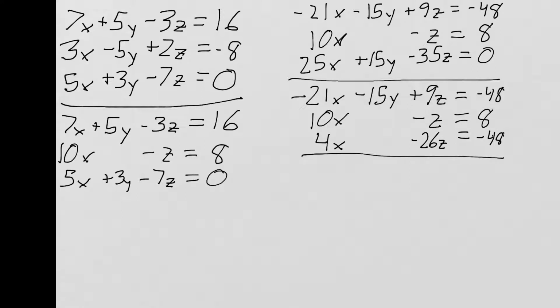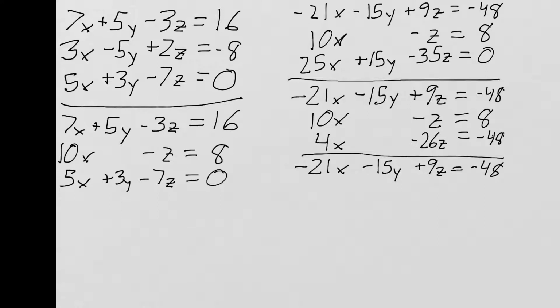Now I need to eliminate a variable from one of the bottom 2 equations, and the easiest thing for me to do here is to multiply the second equation by -26. So I'll do that. Minus 21x minus 15y plus 9z equals -48.